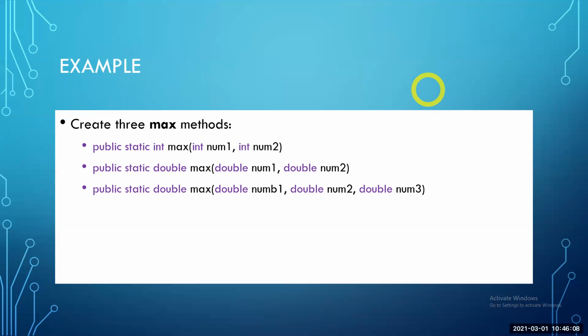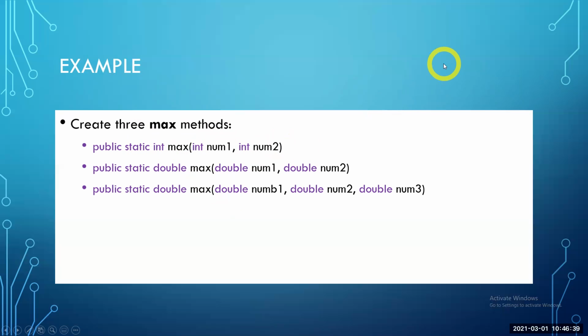So that's method overloading and overriding. Remember, method overriding is a subclass overriding a method of its superclass. So Circle overrode the toString method. On the flip side, method overloading is when you have multiple methods with the same name, so in this example, max, but different parameters.